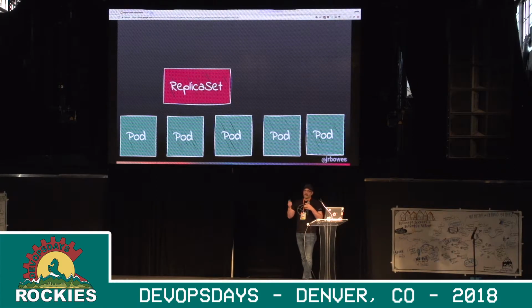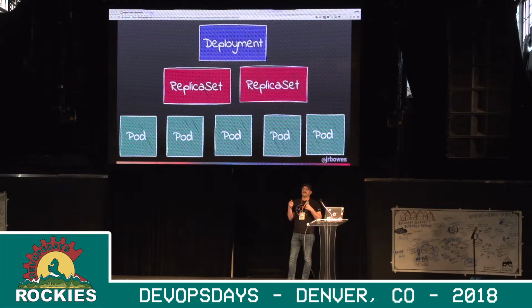But you have this one thing, this replica set that's composed of pods. And then there's deployments that live on top of that, which are like multiple replica sets. So when you actually change your code or change some setting in a deployment and it does a rollout, it does a graceful rollout by creating a new replica set and scaling up and scaling down the other two, or the two that are there.